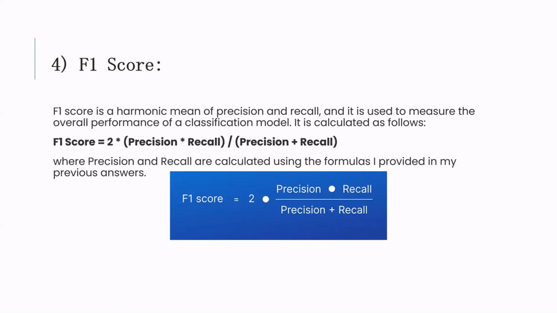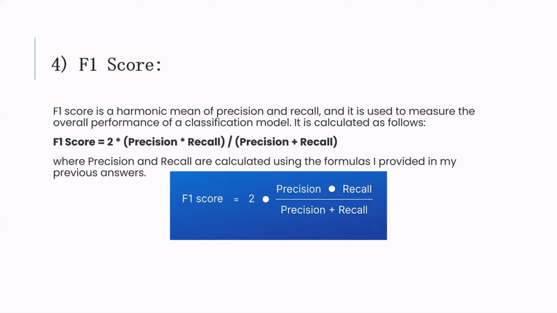Another one is F1 score. As discussed earlier, F1 score is also a metric that is used in classification problems. It is the harmonic mean of precision and recall, and it can be used as the measure of overall performance of a classification model.